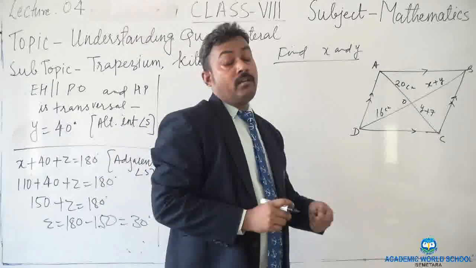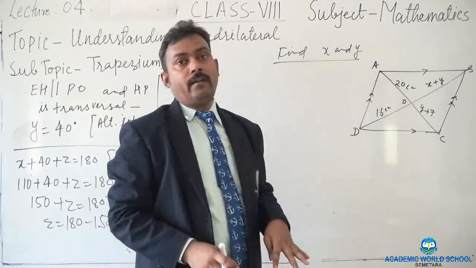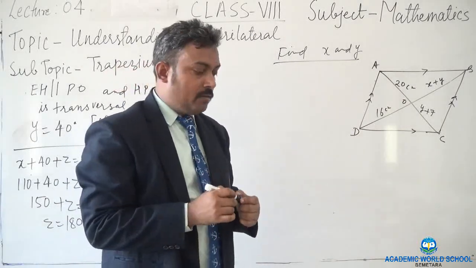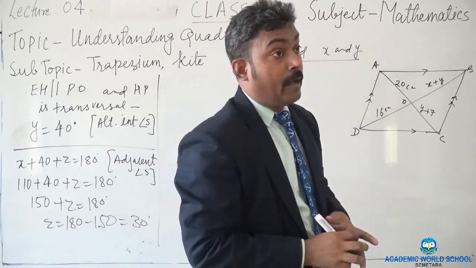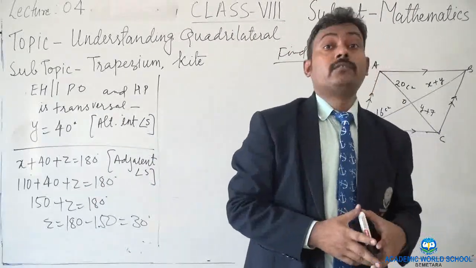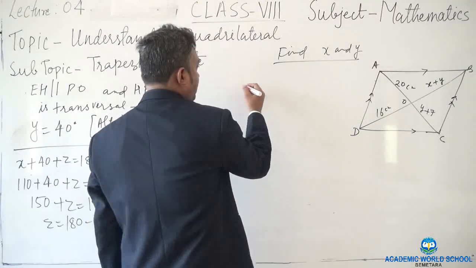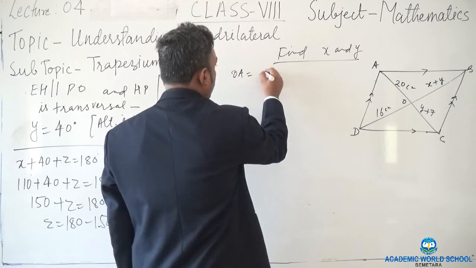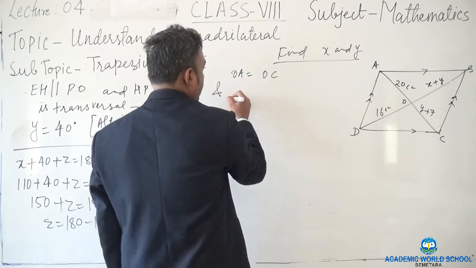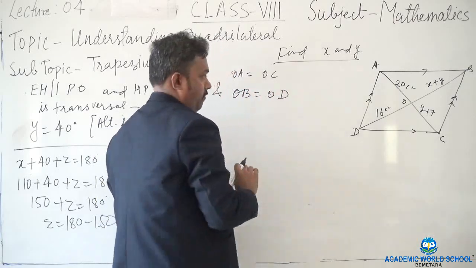So here these are the lengths of the diagonals. What is the diagonal property of a parallelogram? The diagonal property of a parallelogram is that diagonals bisect each other, which means OA will be equal to OC and OB will be equal to OD, right?